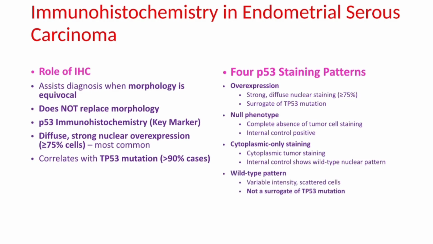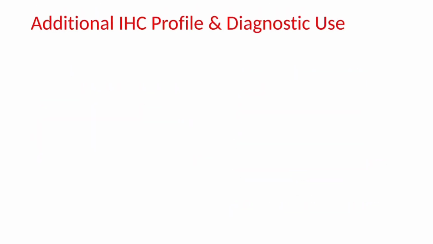And what is the wild type pattern? Wild type means variable intensity and scattered staining, where only some of the cells show positivity, and it is not a surrogate of TP53 mutation. So for TP53 mutation, the staining must be overexpression or strong diffuse nuclear staining.